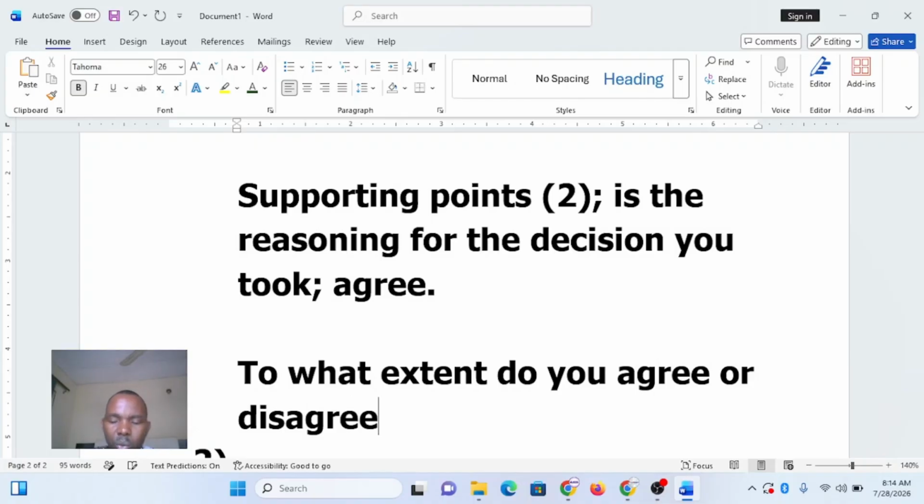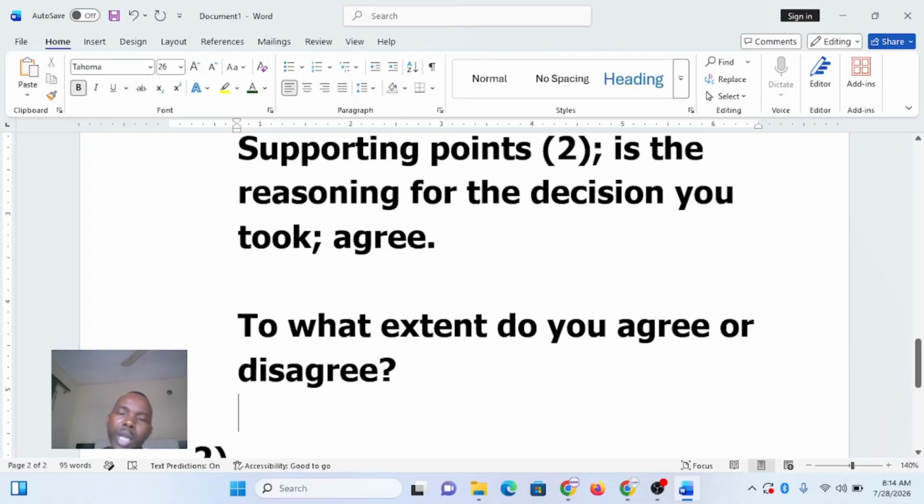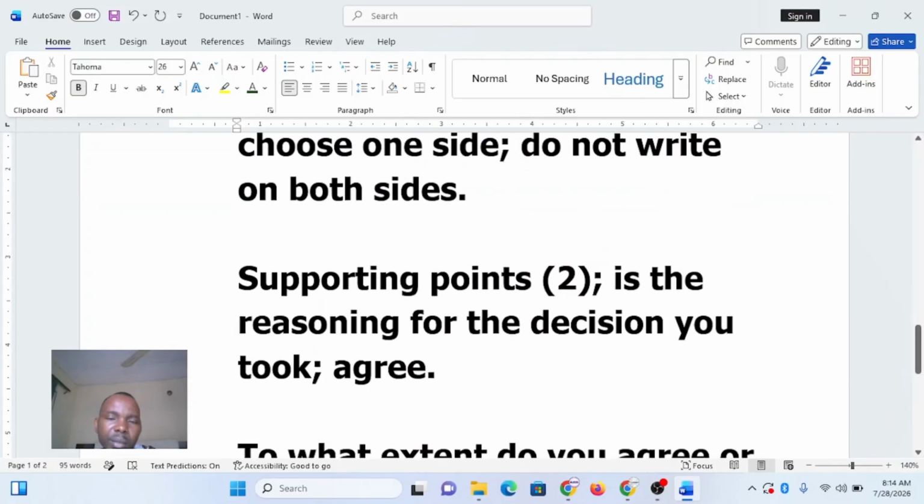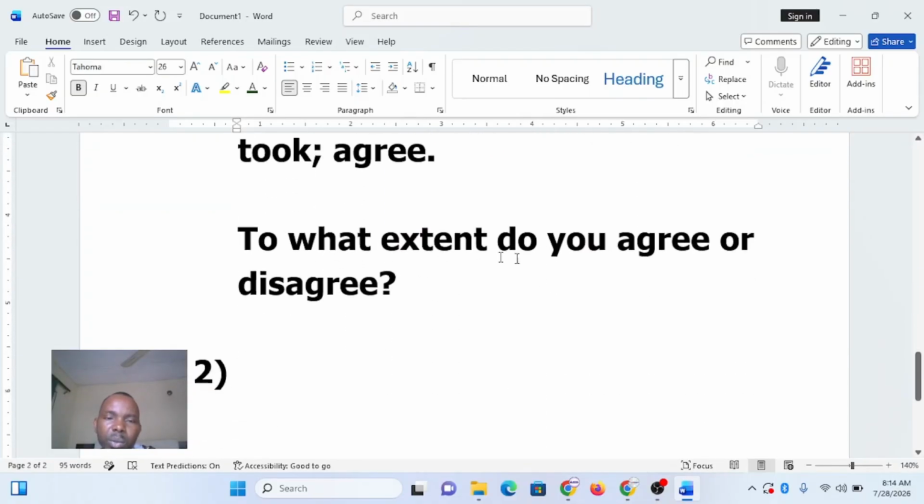Now, when you see a prompt like this, it is also an opinion essay. So for opinion essay, there are 2 ways you can see the prompt. The first one I've shown you, do you agree or disagree? And the second one, to what extent do you agree or disagree?